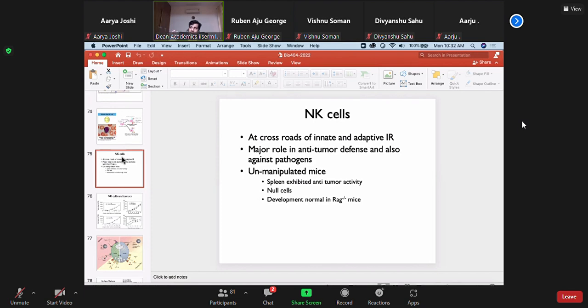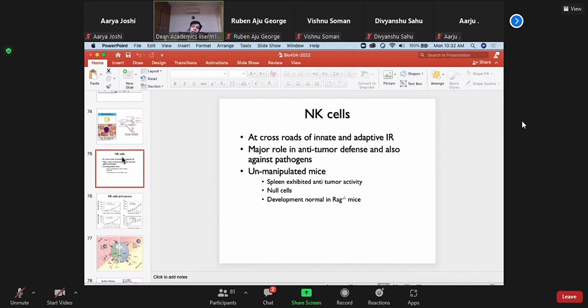And if you characterize these cells which carried this anti-tumor activity, they were not expressing any of the markers associated with T cells and B cells. And that is why you call them null cells.